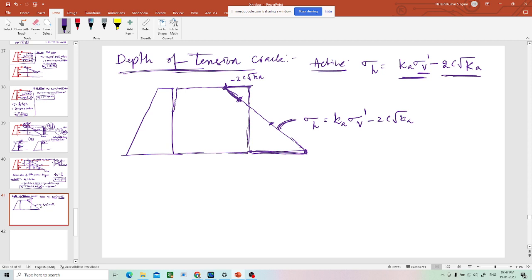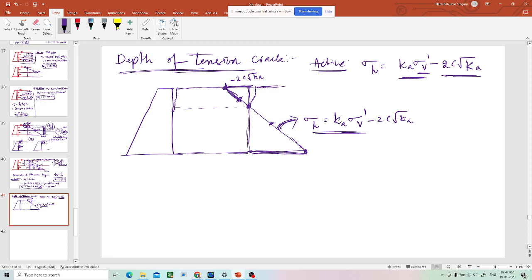It's a line, and this line is nothing but this equation. Wherever it becomes 0, till there it's tension. From there, it is compression. So from here, it is forming the tension crack, and it will form till that depth after detaching from the wall.